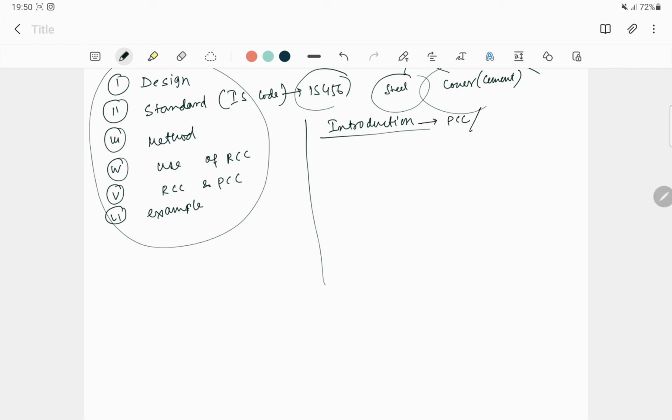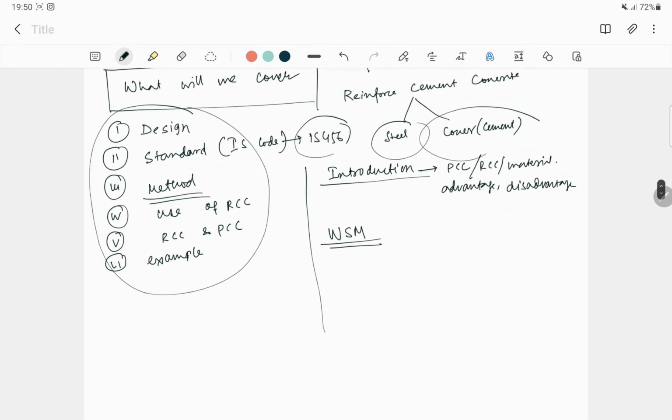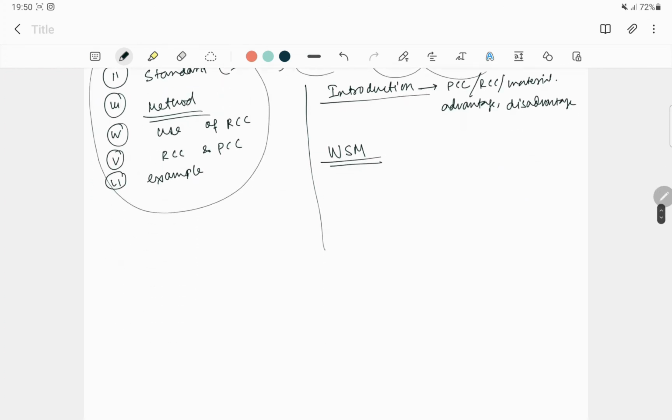In short: PCC, RCC, materials, advantages, disadvantages. All these things are covered in the first chapter. The next chapter should be the working stress method. Yes, I talk about the methods.